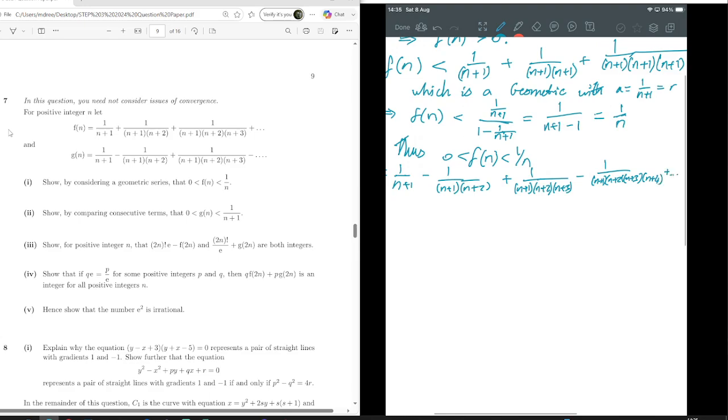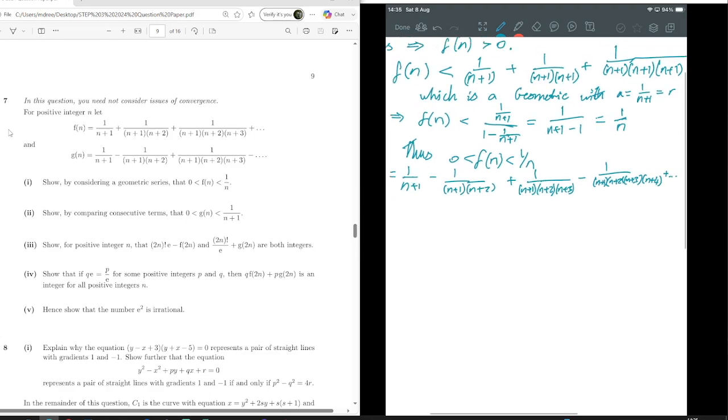Plus dot dot dot. So by what it's suggesting, I'm going to smash the consecutive terms together. If I take those first 2 terms, I need to have a common denominator of n plus 1, n plus 2. So I times top and bottom of the first one by n plus 2. I'm subtracting 1, so that's just n plus 1 on the numerator, which I'll clean up in a moment. The second one, I need times top and bottom of the first by n plus 4.